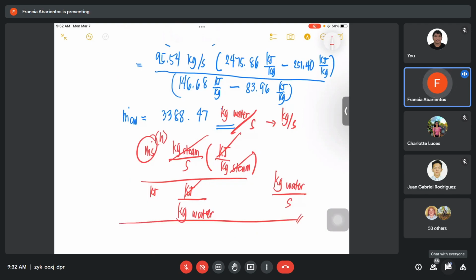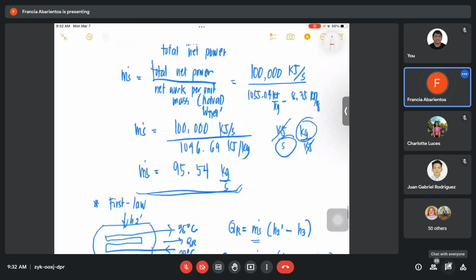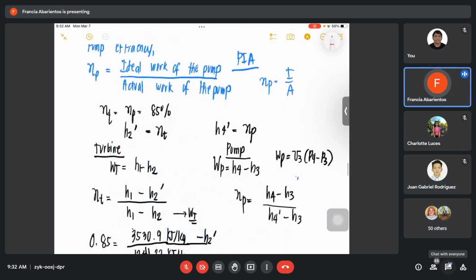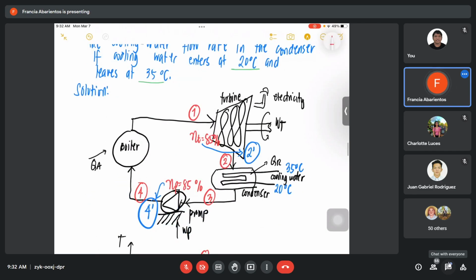So, this is the actual Rankine cycle. If you make a mistake at the very start, you are wrong at the very end. Double check. There is no double interpolation here. Okay, class, that is the example problem of an actual Rankine cycle.